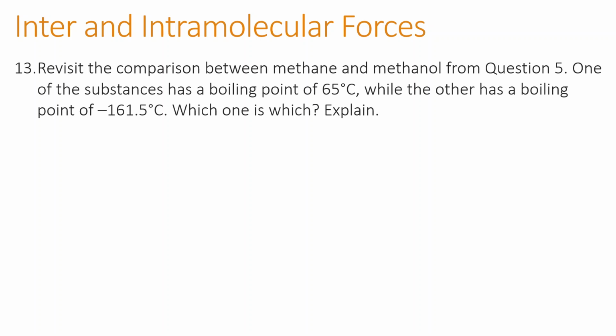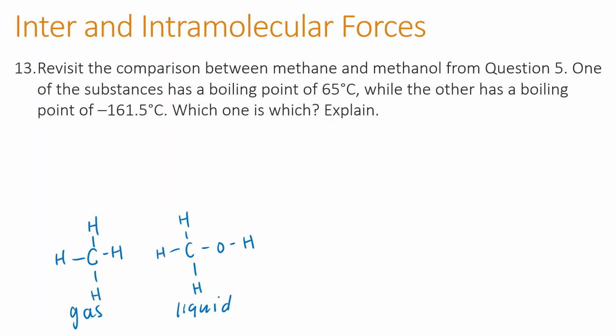So we want to revisit the comparison between methane, which was this guy, and methyl alcohol. So that was this guy. And so we determined that methane was a gas. It had only dispersion forces, whereas methanol is a liquid.